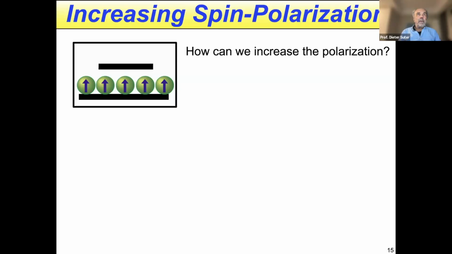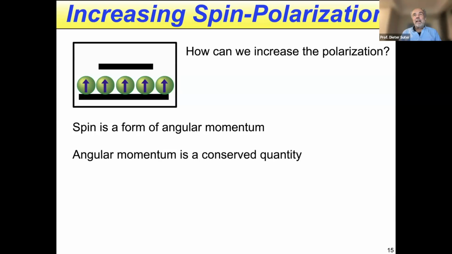One possible approach is to consider that angular momentum or spin is a form of angular momentum. Now, you probably all have learned at some point that angular momentum is a conserved quantity, at least in an isotropic environment. So that presents in a way a problem.